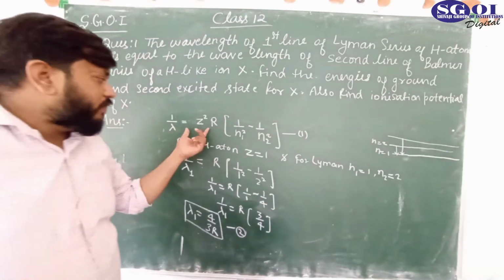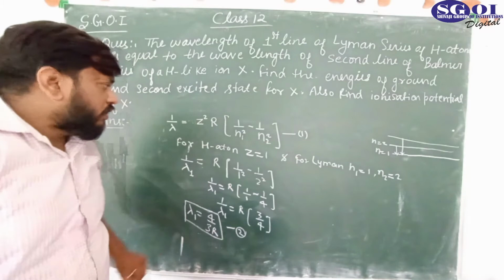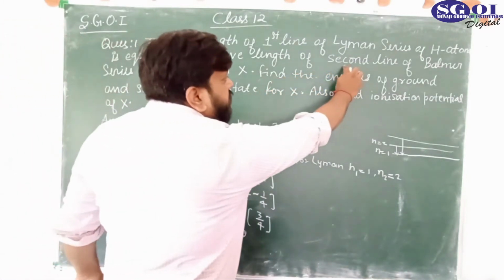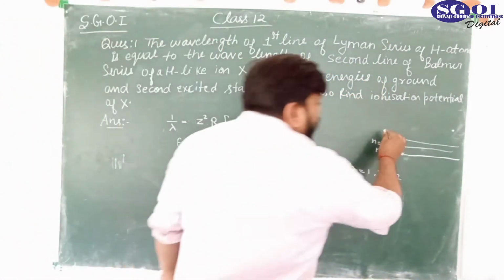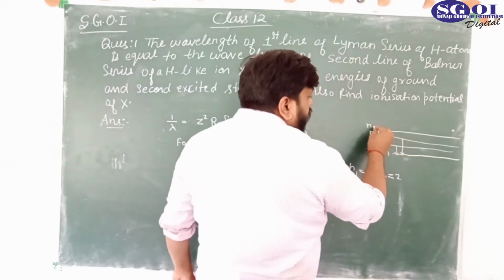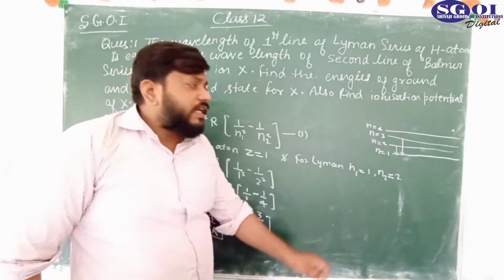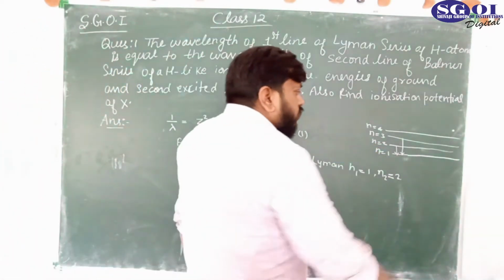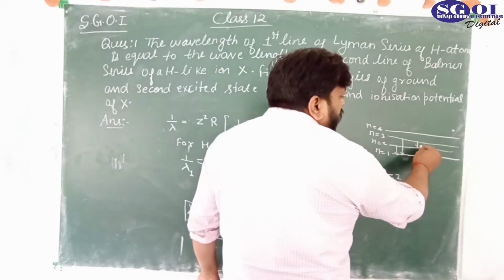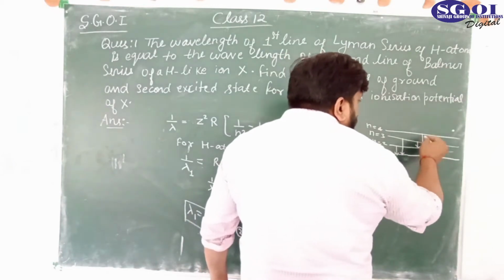Again we will use this formula, but now we put the information for the second line of the Balmer series. For the Balmer series, all the transitions come to the second excited state, n equal to 2. So the first line of the Balmer is from 3 to 2, and the second line is from 4 to 2, and so on.